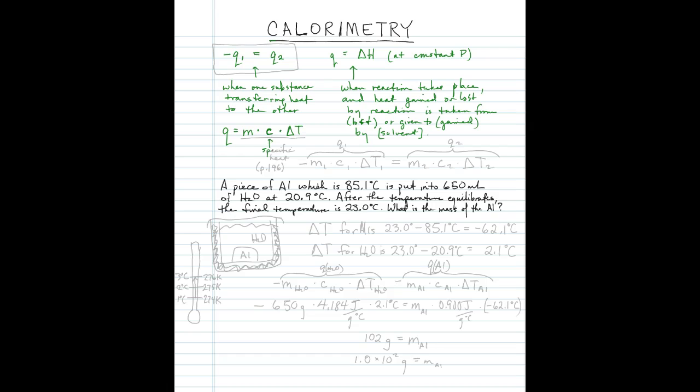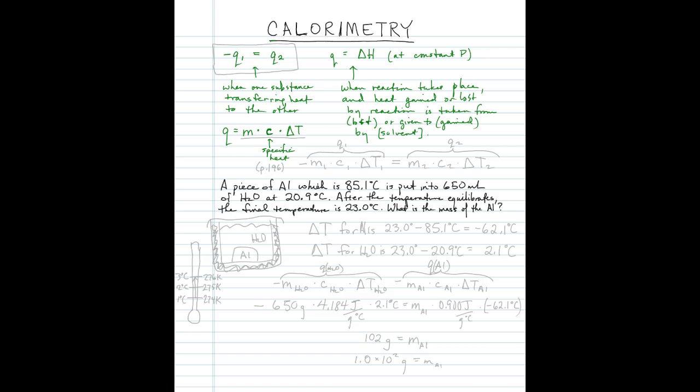Now, specific heat is a measure of how much energy it takes to change 1 gram of a material 1 degree Celsius. So if we have more than 1 gram, that's taken care of by multiplying by the mass. If we're changing it more than 1 degree, that's taken care of by multiplying by the delta T.